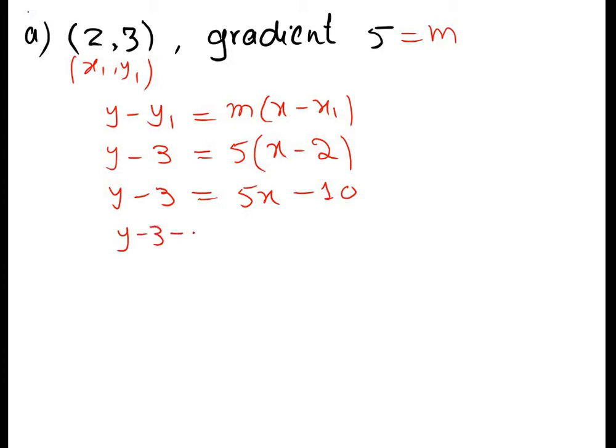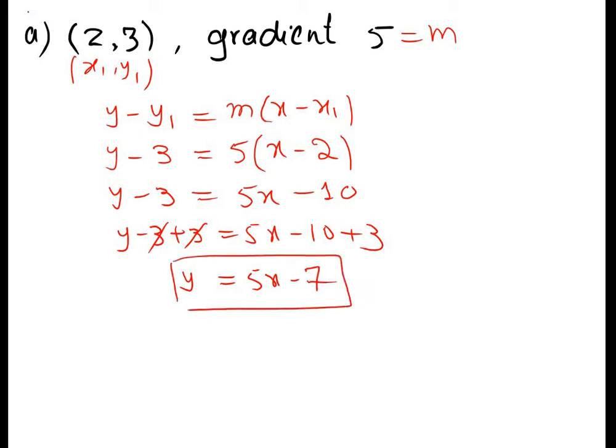We add 3 on both sides, so 5x minus 10 plus 3, we have 5x minus 7. So this is the equation of the straight line.